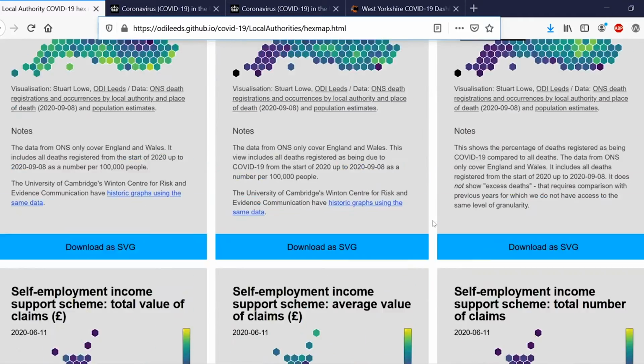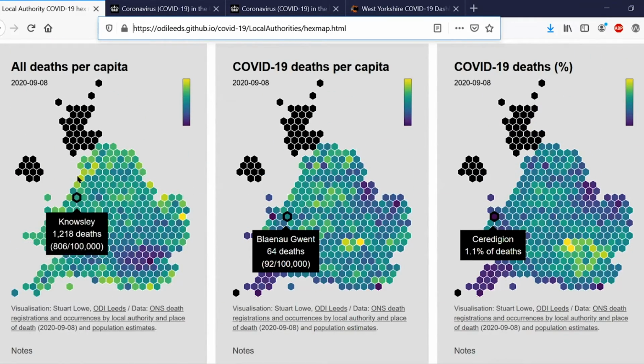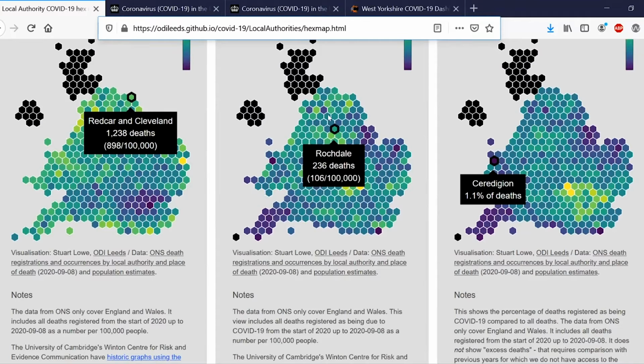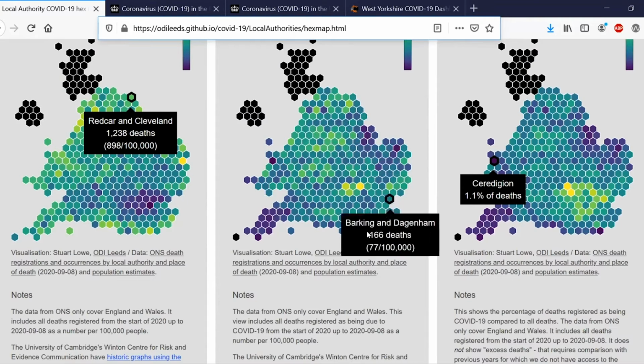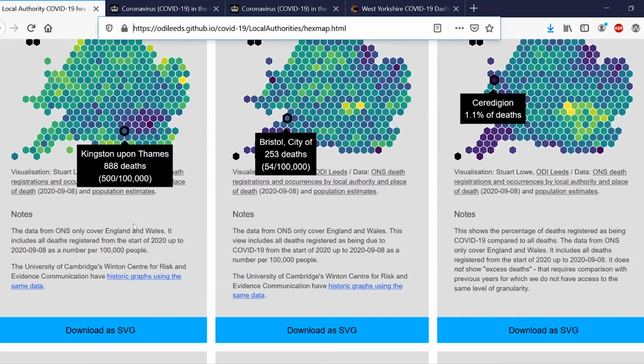For instance, with the deaths, the coasts clearly have slightly higher rates of deaths, and I'm assuming that's because people who are retired tend to move to coastal areas, and you'd expect more deaths, and that's why the coast doesn't show up in the COVID deaths in quite the same way as it does in all deaths.